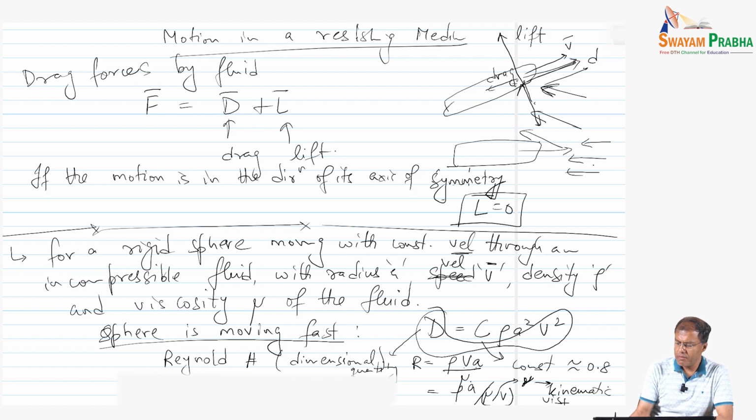Sometimes people work with simple viscosities, sometimes with kinematic viscosities, and these are the various formulas for the Reynolds number based on either of the viscosities. So why have I introduced this parameter? Because the typical way of measuring how fast the system is moving depends on the value of the Reynolds number.